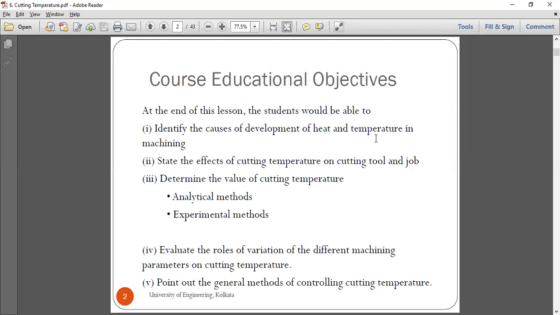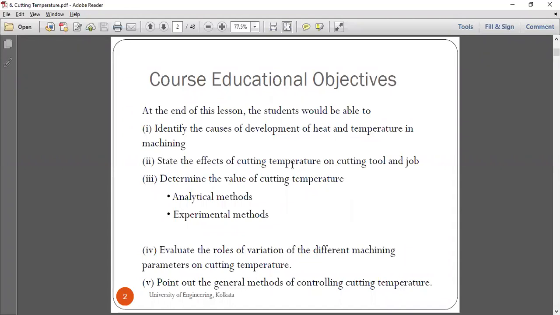So due to this friction element, some amount of heat is generated in the tool work zone. So some heat is developed and temperature is generated in machining.